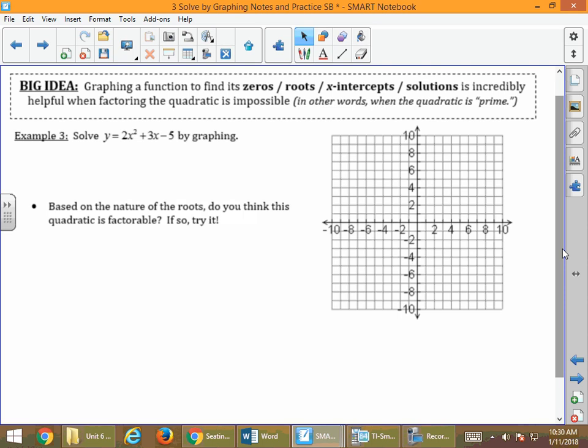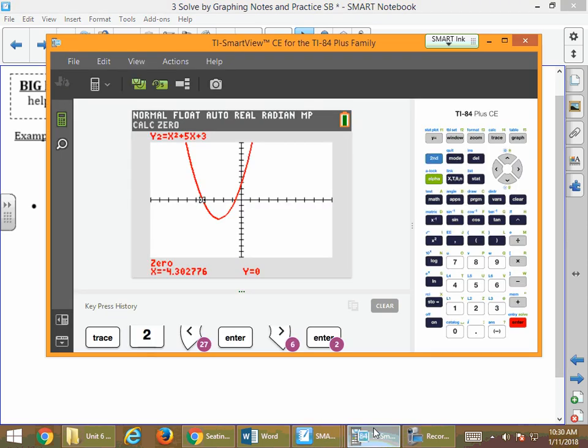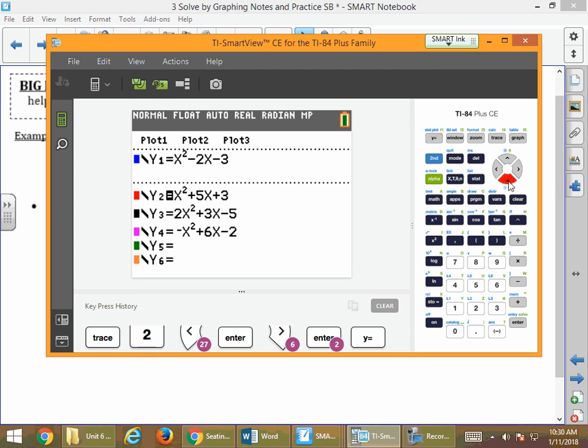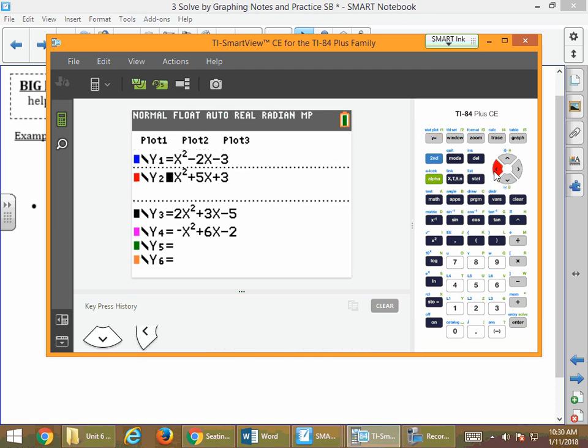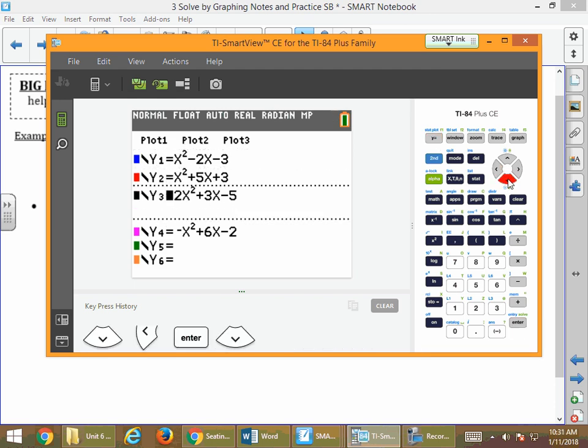So we're going to go to our calculator. We're going to go to y equals. And I'm going to turn this one off and turn the next one on. We're going to type in 2x squared plus 3x minus 5. And we want the picture. And maybe you're not going to spend the time graphing right now either, because we've got some other things to talk about.